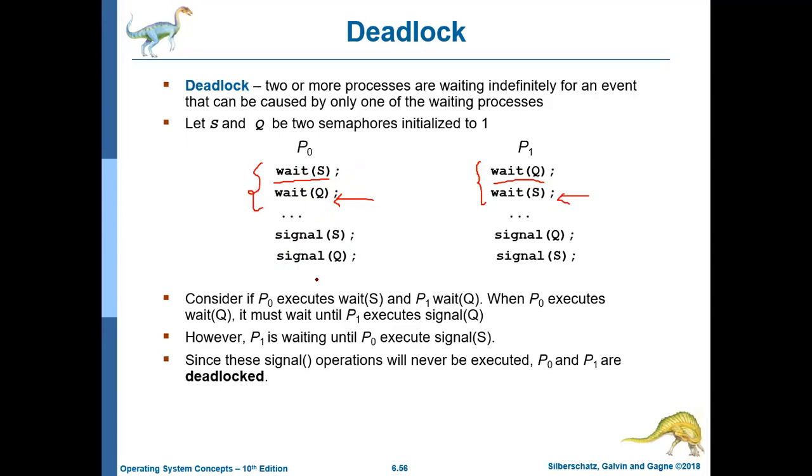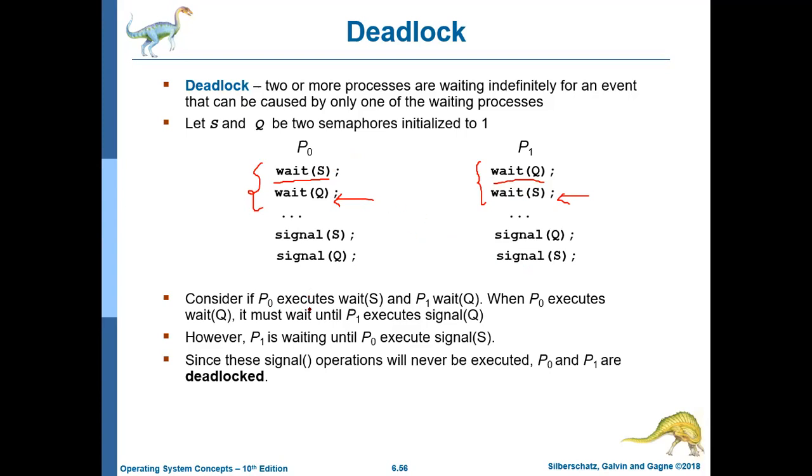Both the values will now be 1. Then P1 can be used. After P0, P1 can execute. After P1, P0 can execute. But if these statements are running parallelly, then we will have a stuck condition, which is known as a deadlock situation, where no process is moving forward because of the other process.